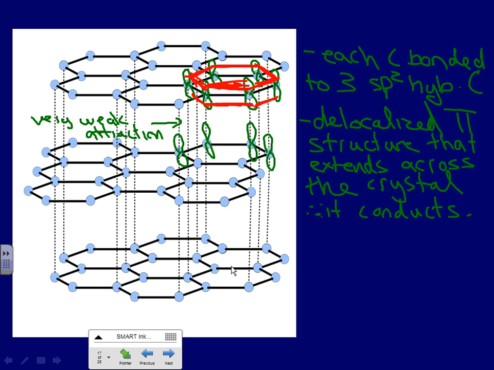When you take one layer off, you have a slightly different compound because it's not interacting with the other layers. And they've called a single layer of graphite graphene, all right? Just a different name. And they've measured how strong this graphene is by putting forces on it. And in terms of strength per mass, graphene is turning out to be the strongest material, even stronger than diamond.